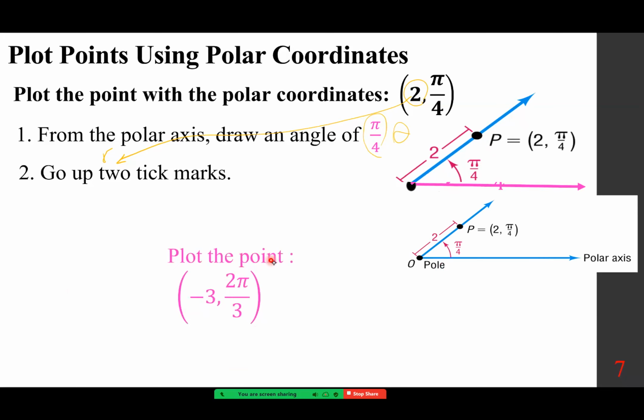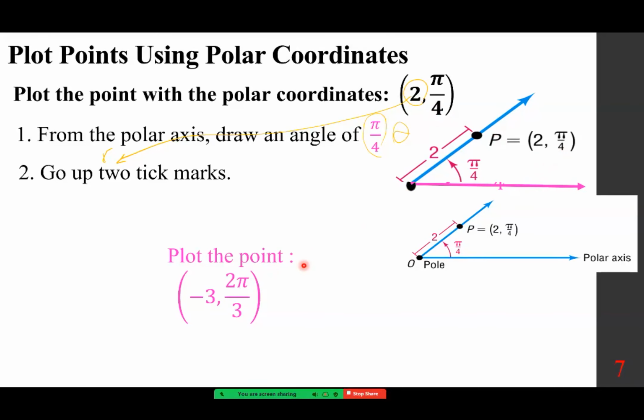How about negative 3, 2 pi over 3? Well, first, we make the angle 2 pi over 3. Now, it is important: positive 2 is on this side. If for any reason this was negative 2, you would have the same angle.